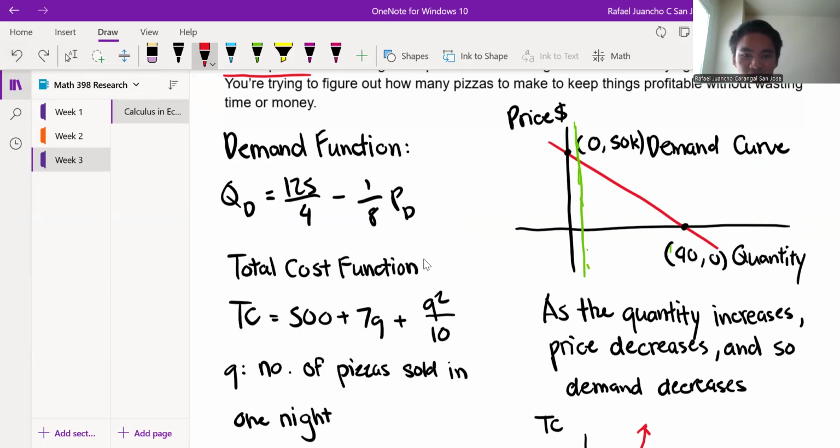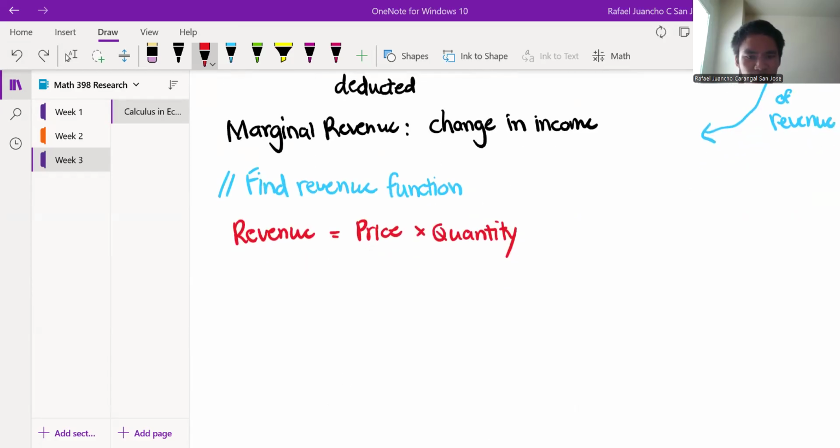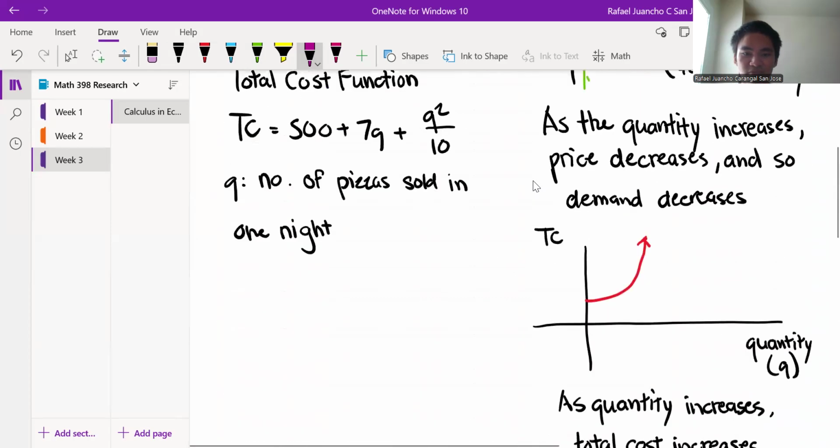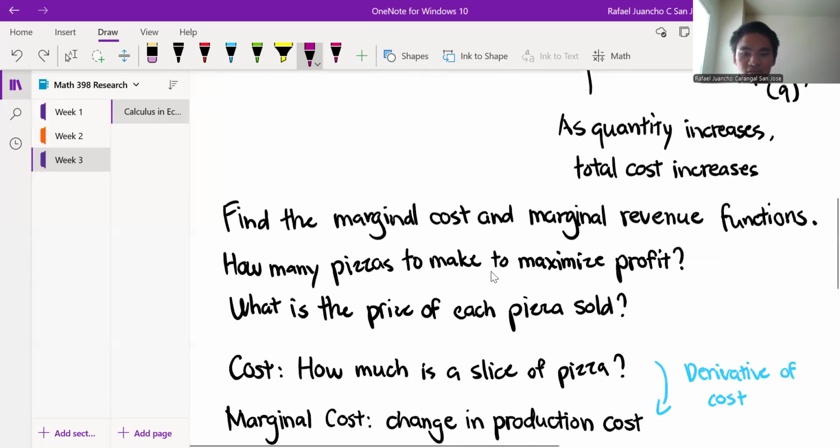So we can probably make use of that. Our quantity is Q, the number of pizzas sold in one night. We're actually given that part here. So in one night, that's Q.